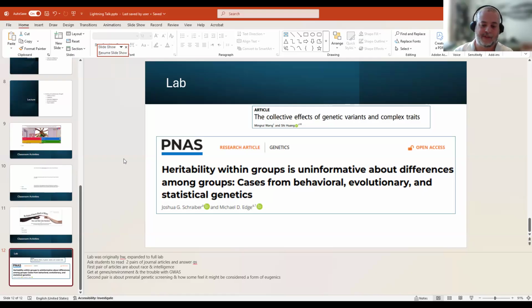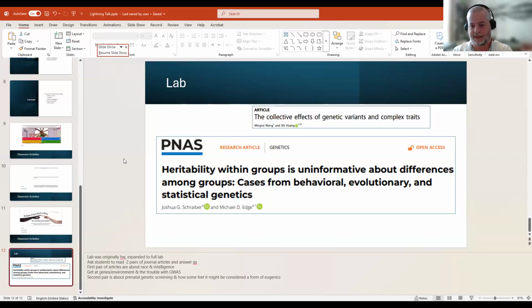Because some people might feel compelled or pressured by their physicians to terminate pregnancies if there might be some kind of genetic abnormality, and that potentially could lead to very negative impacts on society, or it could encourage people to think even more about disabilities as being something that's negative and should be eliminated.